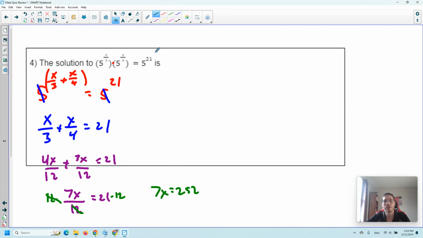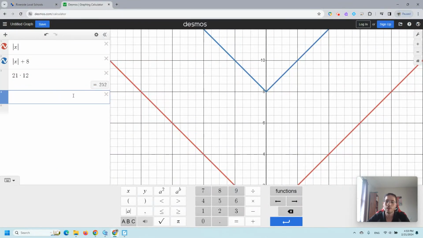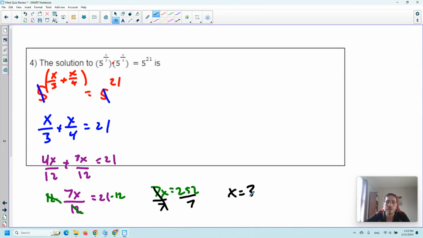One last step just to get the x by itself, and then we'll be done. We divide both sides by 7. And so then we get x equals, so 252 divided by 7 is 36. So I got x equals 36.